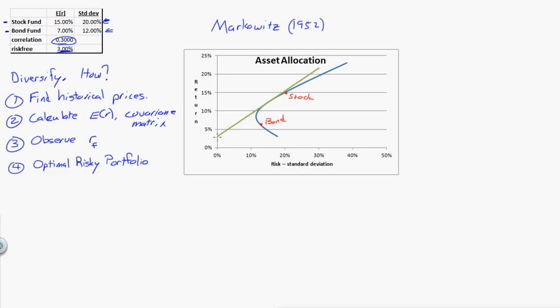But just for now, let's just eyeball things. So you could have the combination on the pink line. So when I say optimal risky portfolio, let me make sure we're clear what I'm talking about. That means I'm putting some amount of money in stocks, some amount of my money in the bond fund.